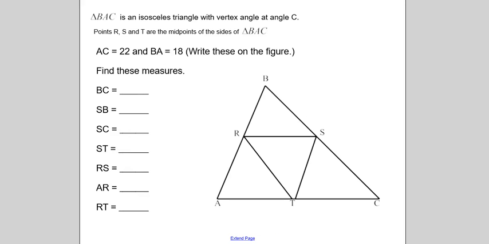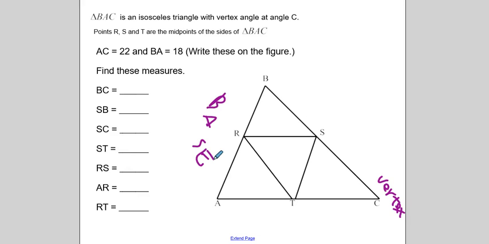Okay. BAC is an isosceles triangle. New one. BAC is isosceles with a vertex at C. So this is a tricky one. This is my vertex down here, which means this here is my base. Now we're used to seeing the vertex at the top, but it doesn't have to be.